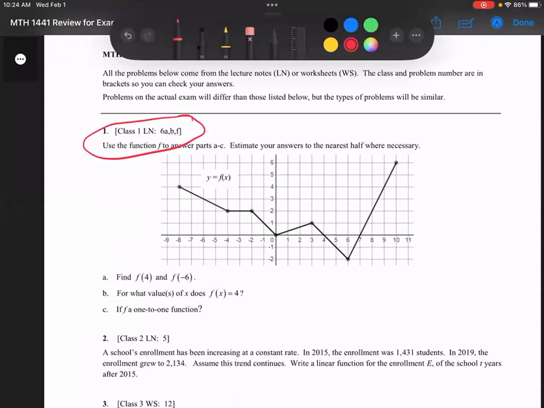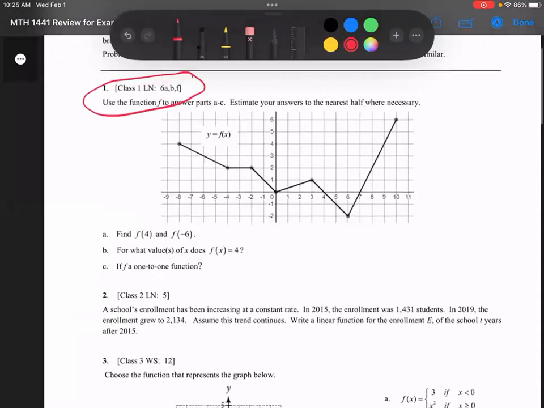And same thing with version C. So version B and version C, focus on number 1.